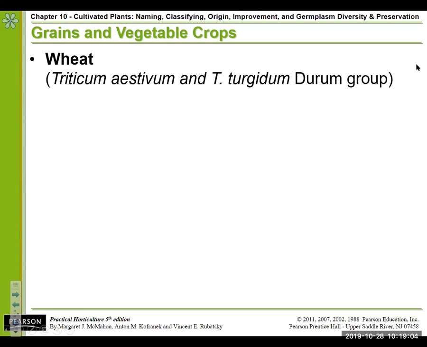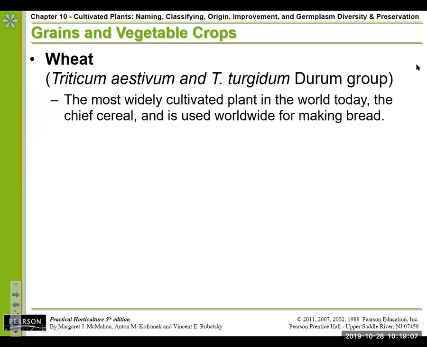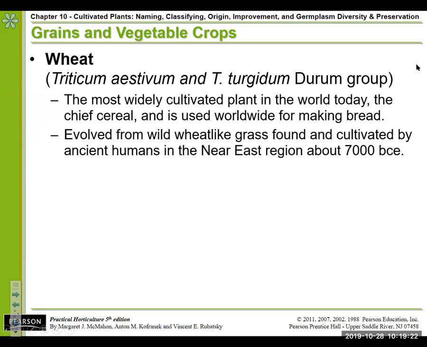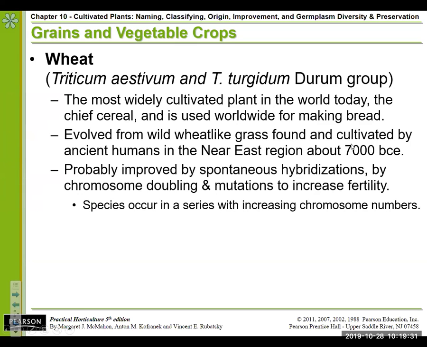So looking at some of the early ones here, wheat, which is the most widely cultivated plant in the world today, and what we think was the first, or one of the first plants to be cultivated, because it's used worldwide for making bread. It evolved from the wild wheat-like grass that is found and cultivated in the Near East, somewhere around 10 to 14,000 years ago.